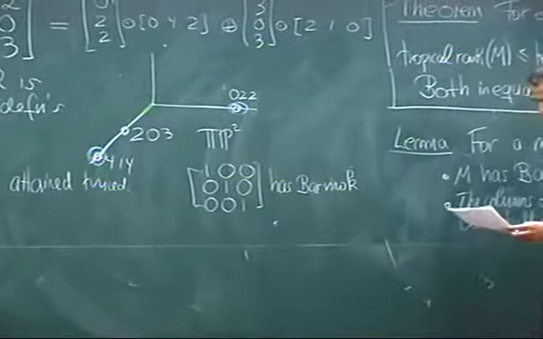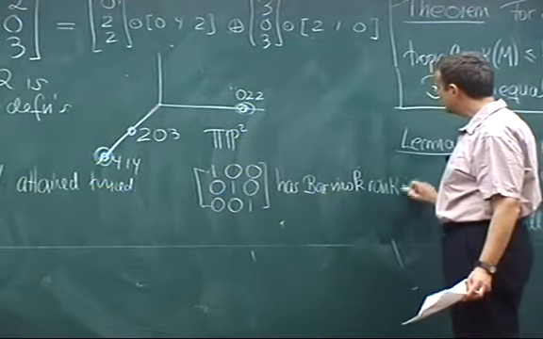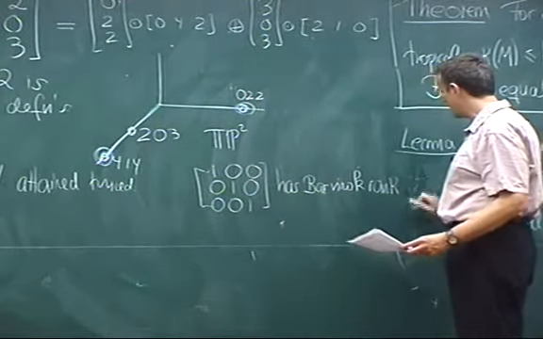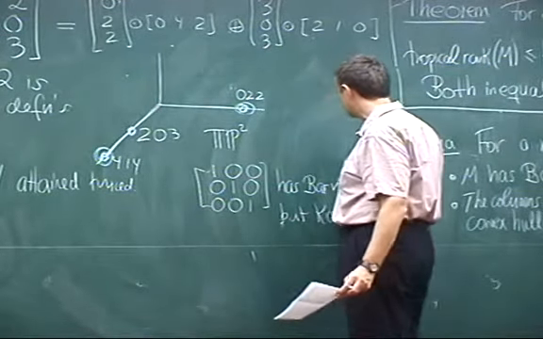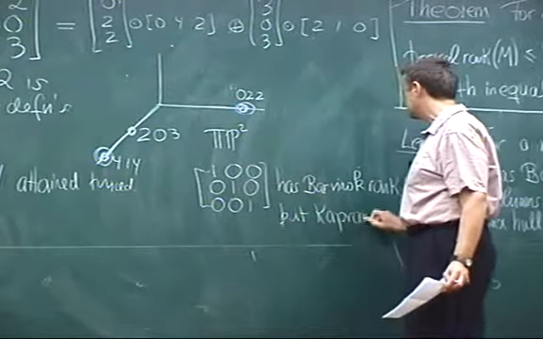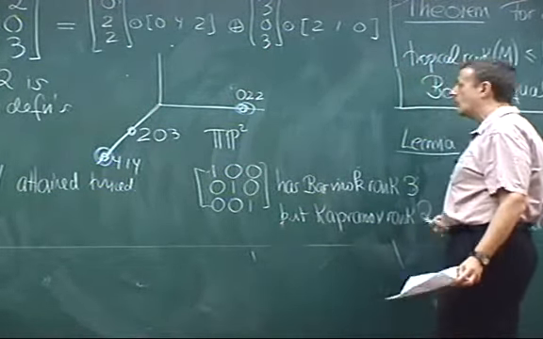3 by 3 matrix has Barvinok rank 3, but Kapranov rank 2. Well, why is that?